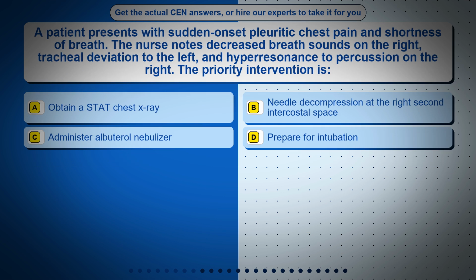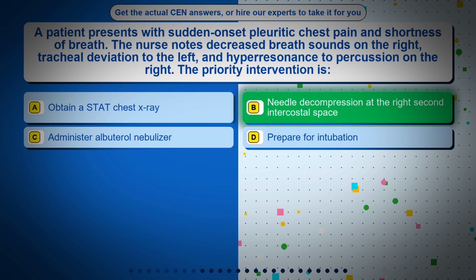Question 8. A patient presents with sudden onset pleuritic chest pain and shortness of breath. The nurse notes decreased breath sounds on the right, tracheal deviation to the left, and hyperresonance to percussion on the right. The priority intervention is Option A, obtain a stat chest X-ray, Option B, needle decompression at the right second intercostal space, Option C, administer albuterol nebulizer, Option D, prepare for intubation.